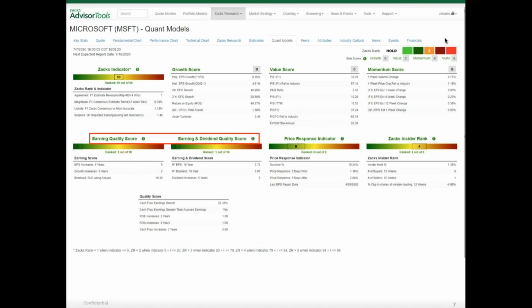And this will show us if the company can provide extra alpha as well as mitigate risk. And then lastly, we have the Zacks insider rank, which is essentially indicative of whether a company's insiders are buying or selling off their shares.